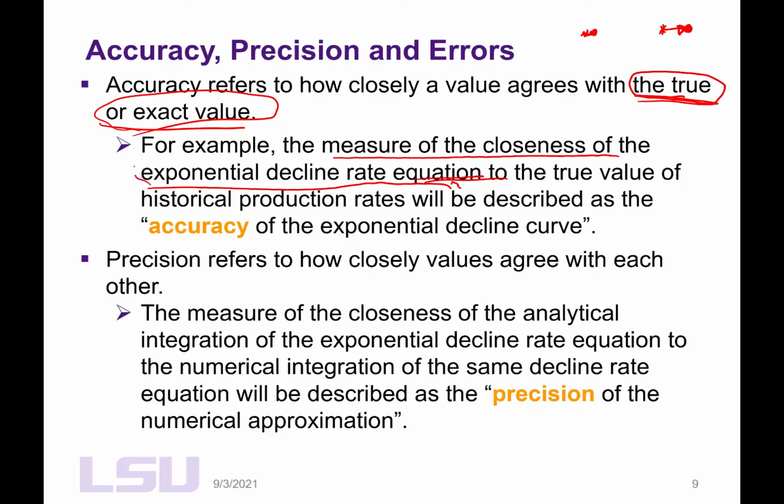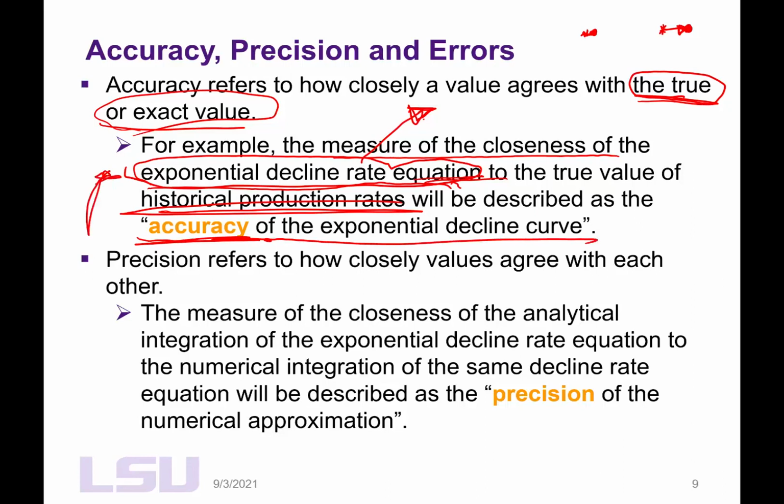When you use the exponential decline equation, you fit it through the historical data sets, you can make a prediction from the exponential model. How closely does the prediction match the observed historical production rate? That is the accuracy of the decline model.